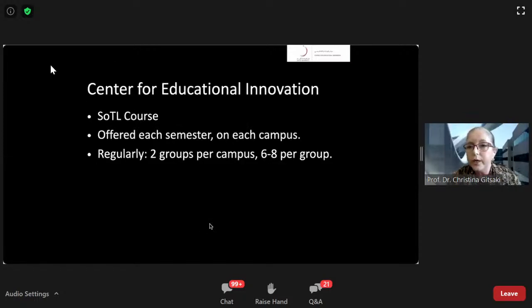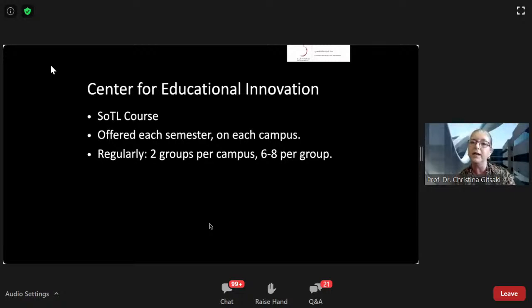At the SOTL course that I deliver at the Center for Educational Innovation, I try to do at least 2 groups per campus. We have 2 campuses, one in Dubai, one in Abu Dhabi. And we try to keep the number of participants very low, between 6 and 8, so that we can provide individual attention to their projects.